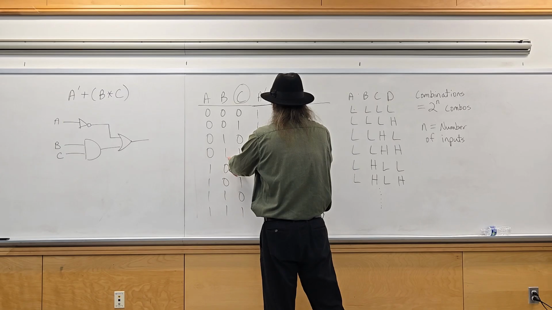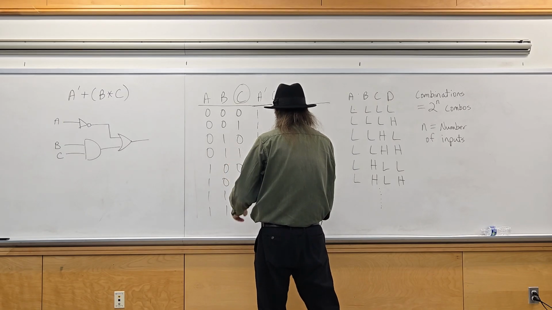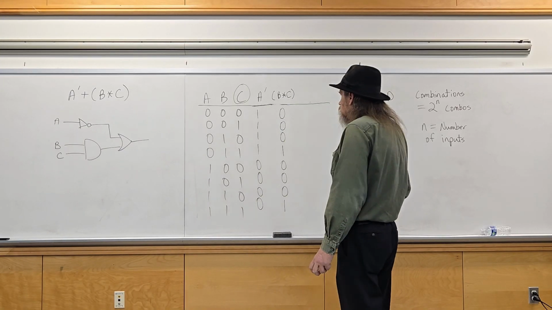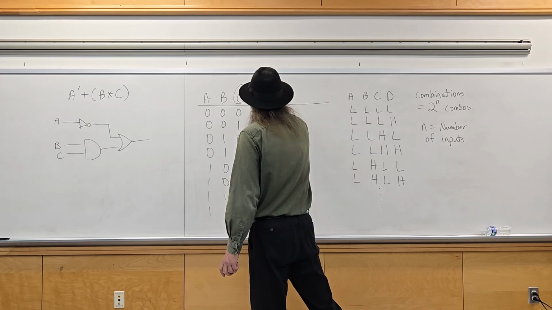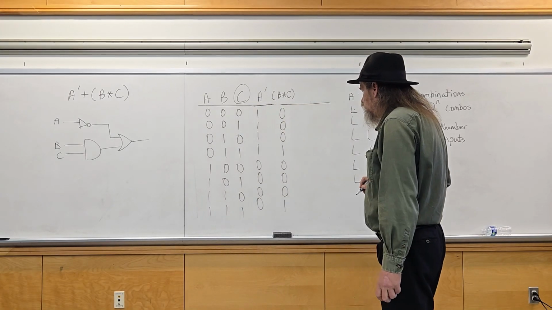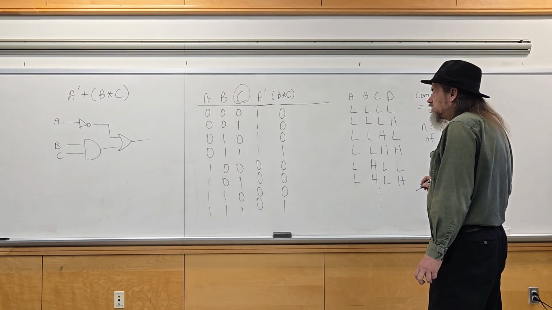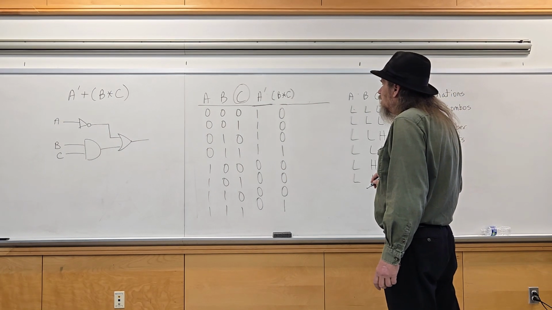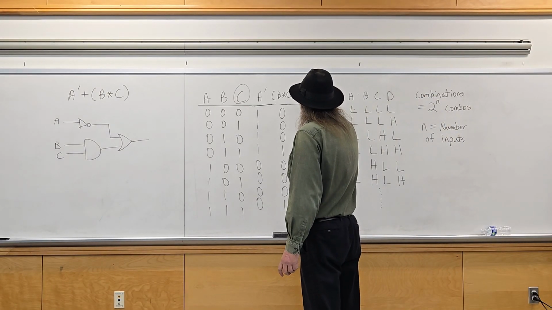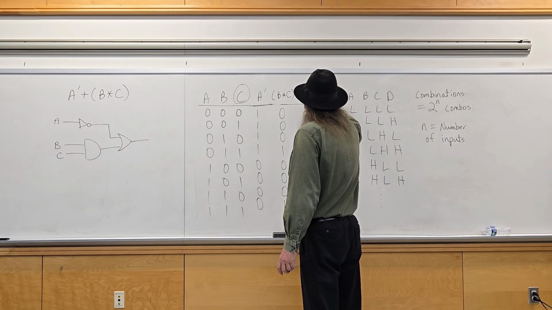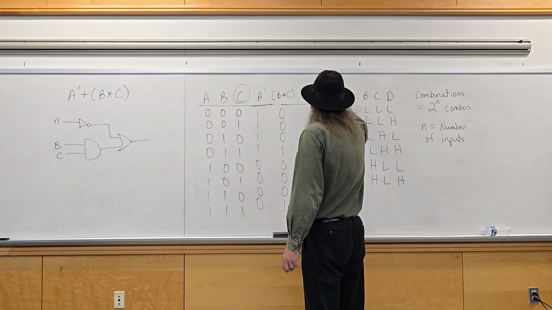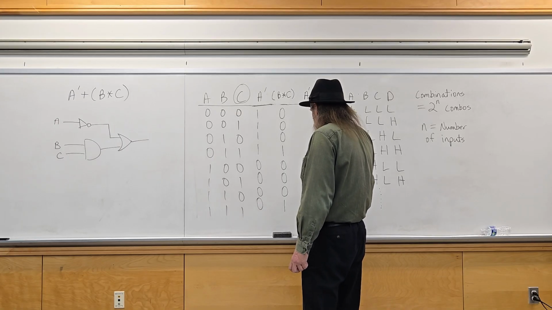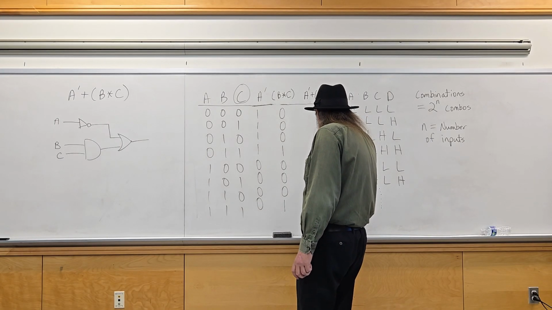So 0, 0, 0, 1, 0, 0, 0, 1. And then you would take the OR of A prime or B and C, which would be 1, 1, 1, 1, 1.